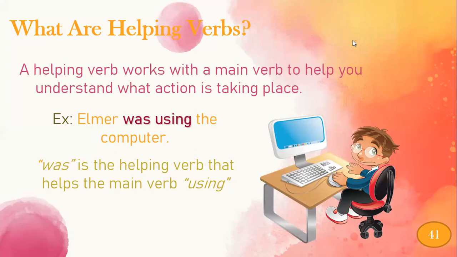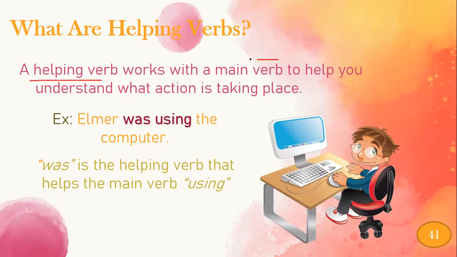Whenever we have a helping verb, there should be a main verb. We cannot have a helping verb without a main verb, because the helping verb itself is not the main verb that tells me the main action the subject is or was doing. It is only a helper. That's why we call it helping. It helps the main verb to do its job or to express the correct tense. So the helping verb is not found alone.